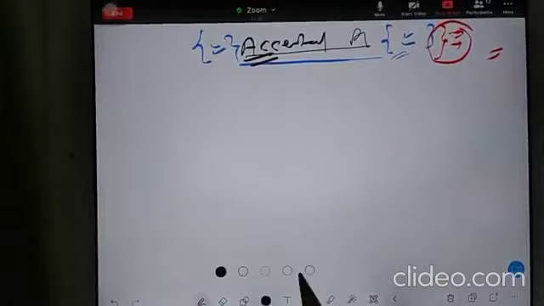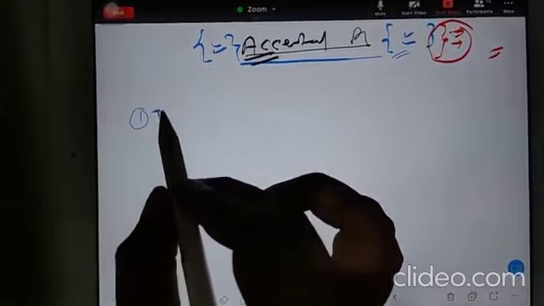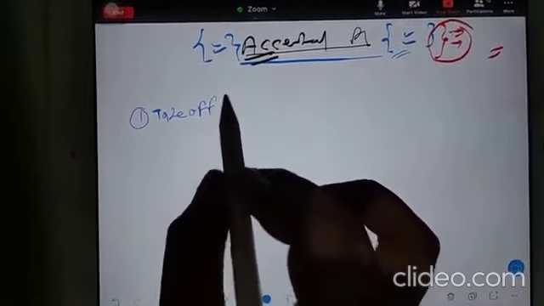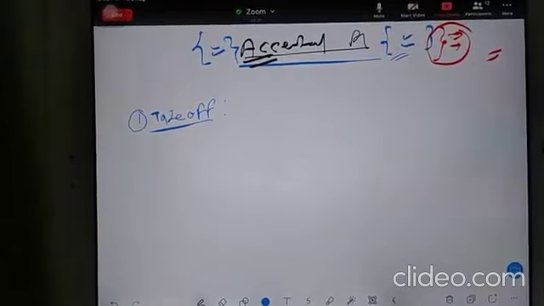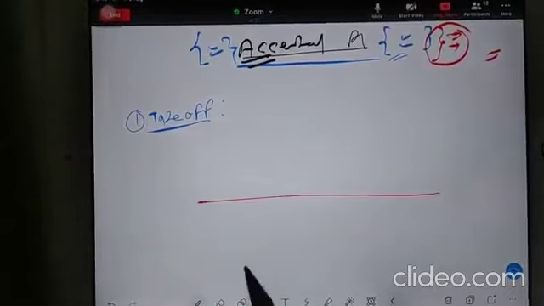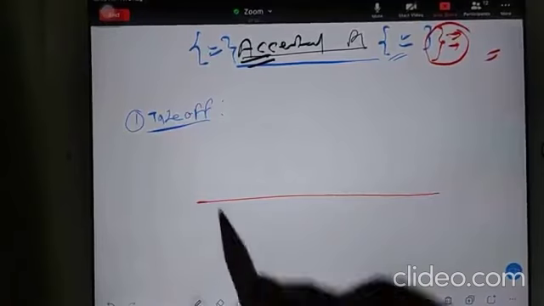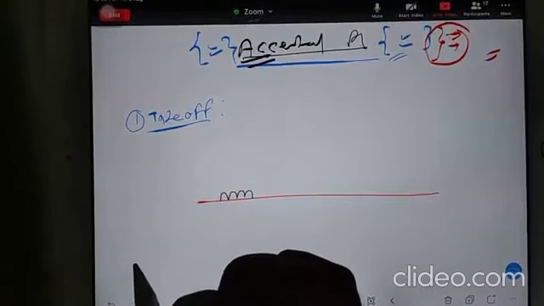In this flight, our first job is takeoff performance. In takeoff, you should understand the phases involved. Whenever you are taking off, first you will do ground rolling.